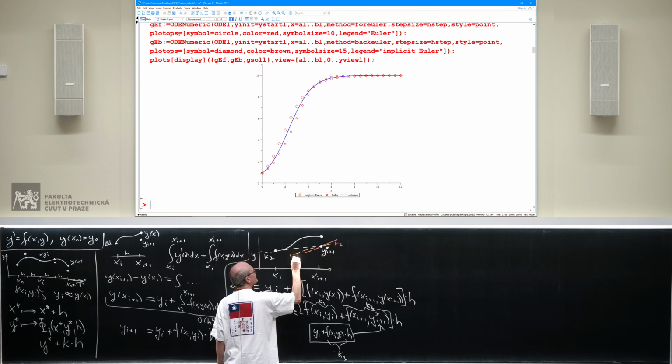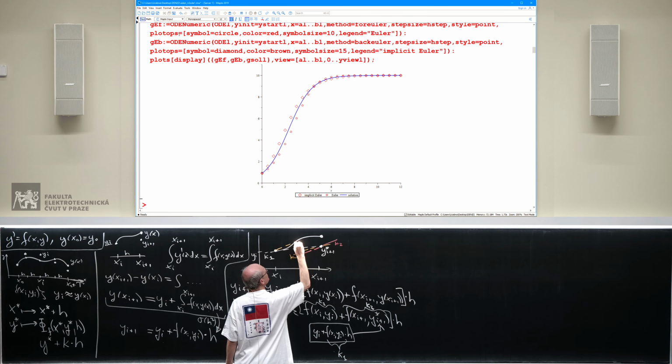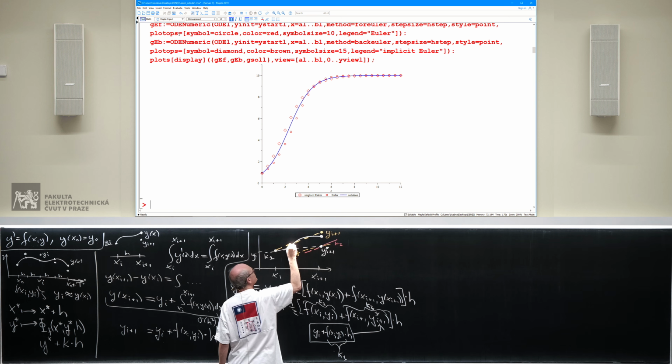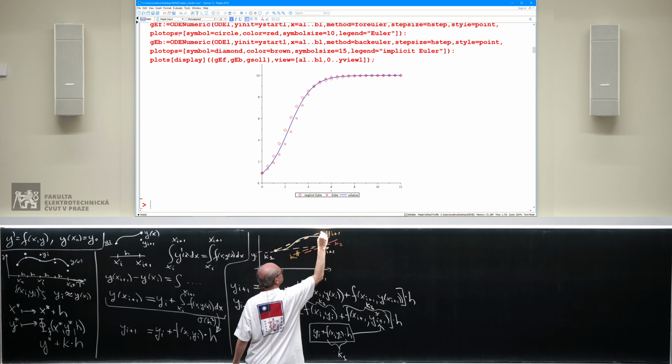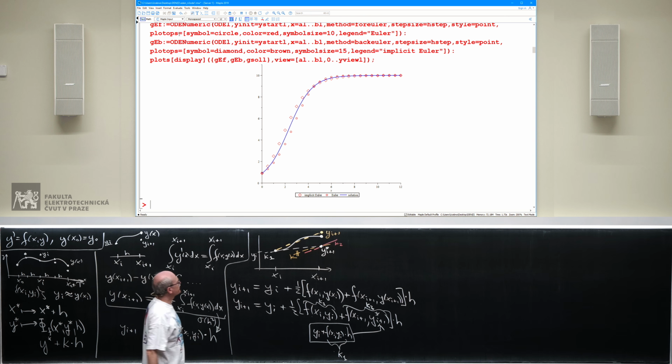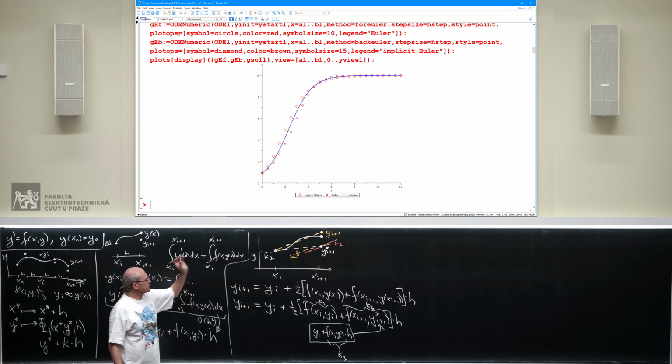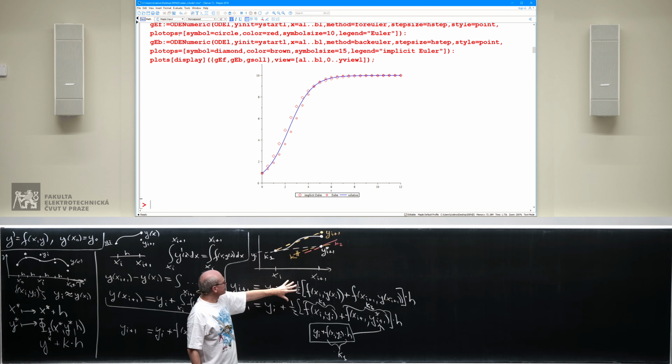We can call it k, and that's the slope that I'm using when I'm going for the true approximation, yi plus 1. Now let me make it prominent so that it stands out in the recording.